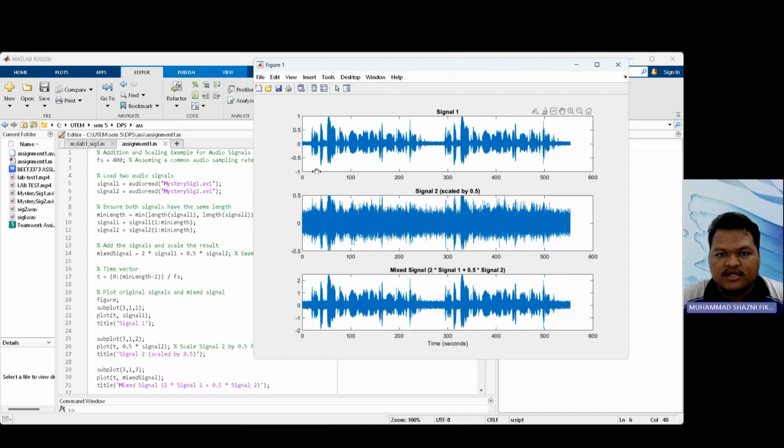As you can see, the sampling frequency Fs is 44.1 kilohertz.